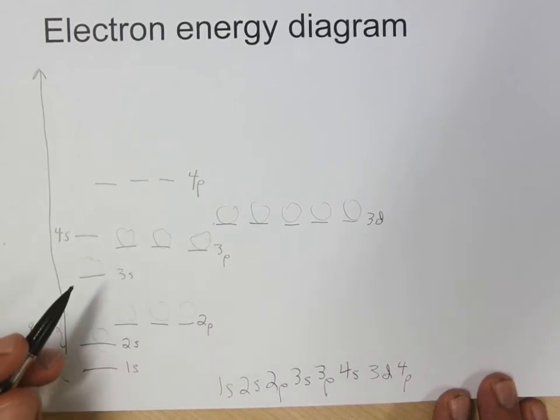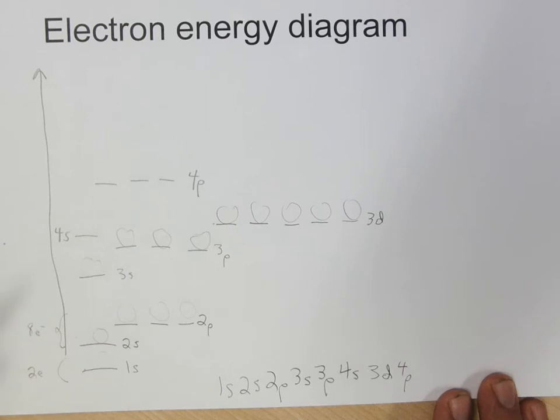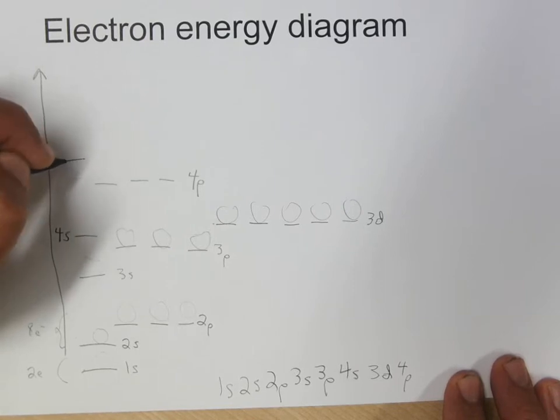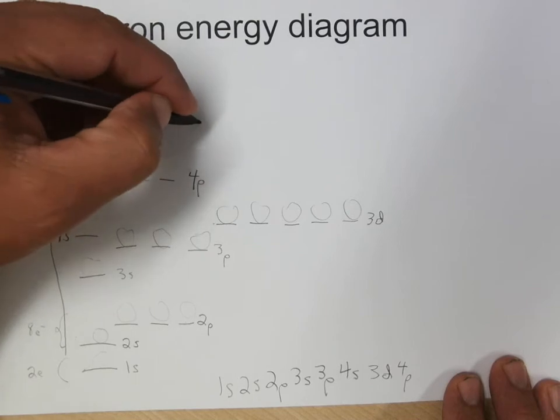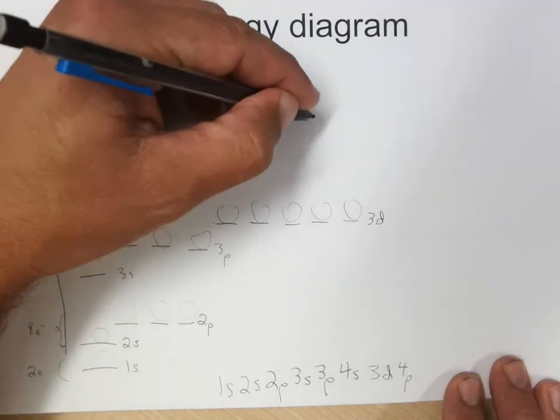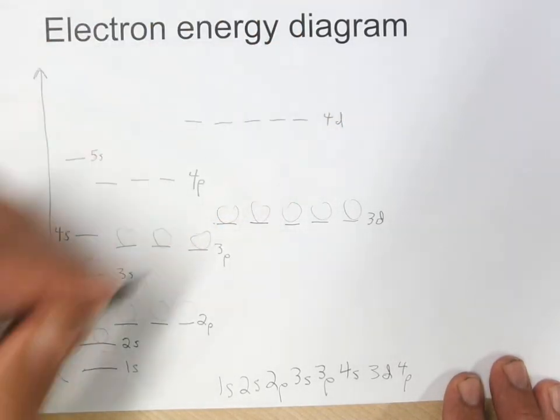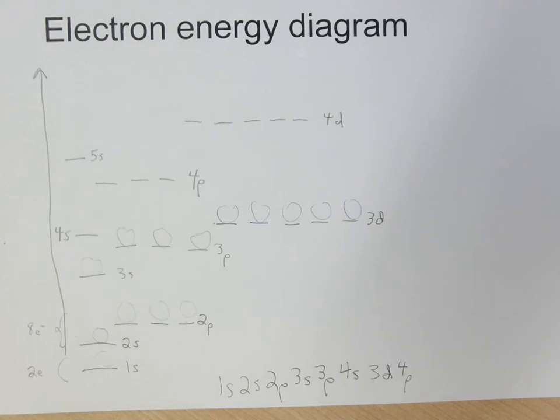And then after the 4p, you might expect to go again and fill more of the n equals 4 or fourth energy level electrons, but again the 5s is lower in energy than the 4d. So you'd fill the 5s and then you'd fill the 4d.